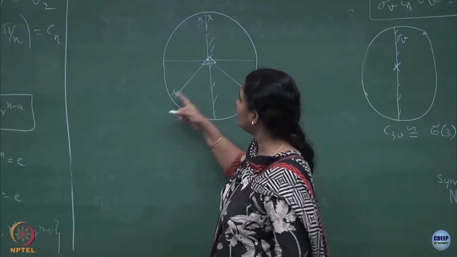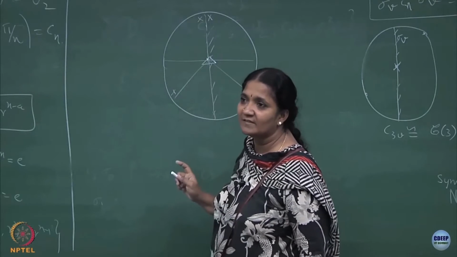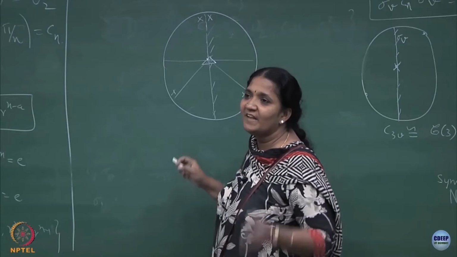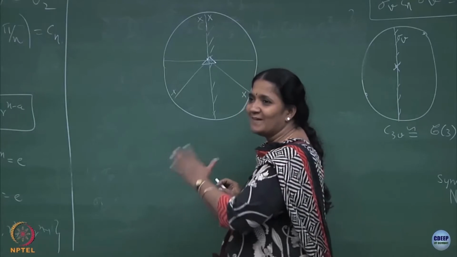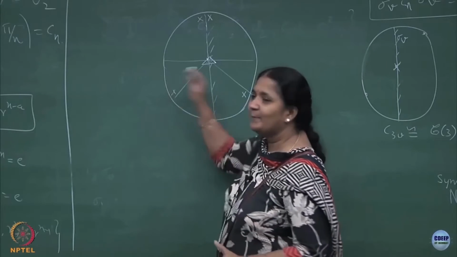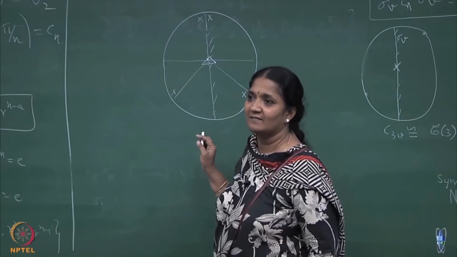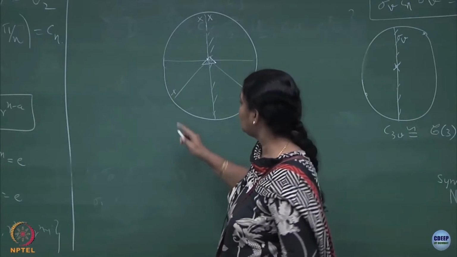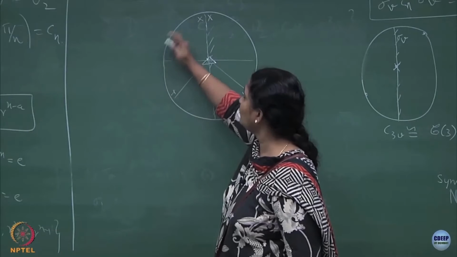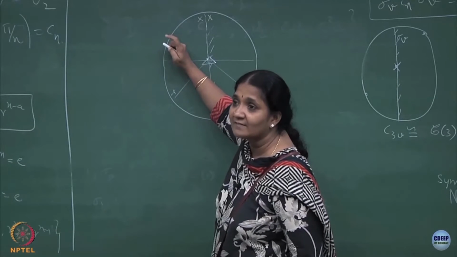If I put it here, then this will give you completely different things. So, if I am generating a C3V symmetry, I make sure my mirrors are not arbitrary in the xy plane. They pass through the atoms, so that you get your elements back.